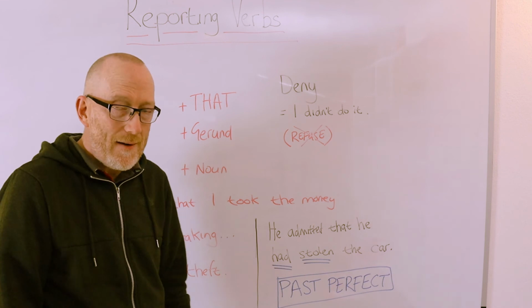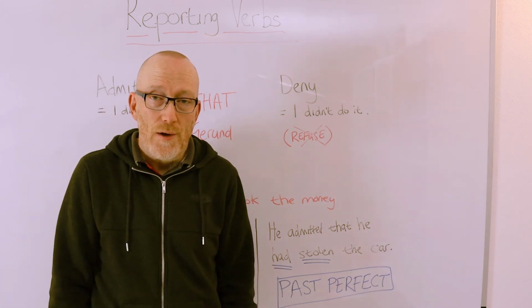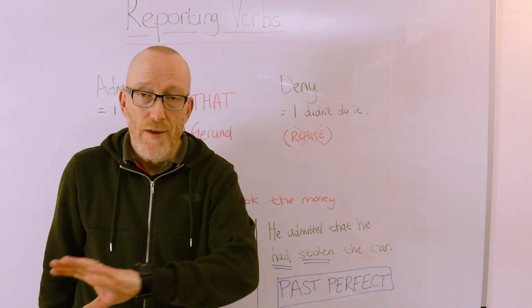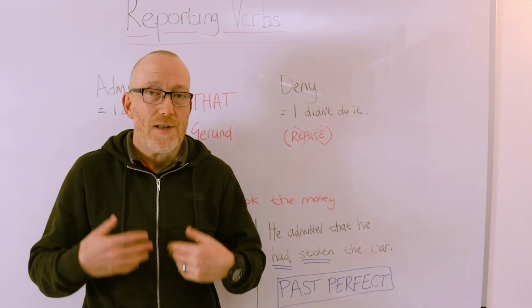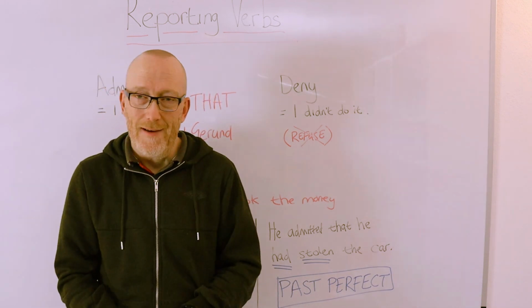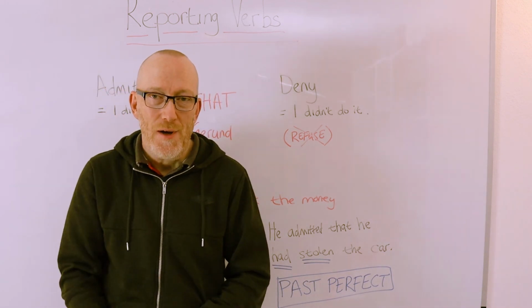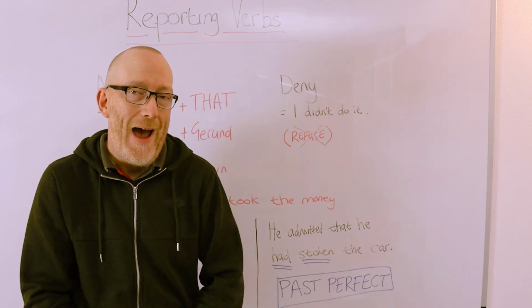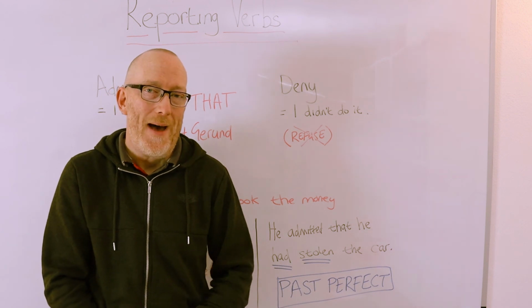The past perfect is commonly found in reported speech. So it's one of the verbs when you're using reported speech that you are going to have to learn and know. Past perfect. Yeah, we will take a look at the past perfect in a later class, but I just want you guys to start thinking about how and when you want to be using the past perfect.